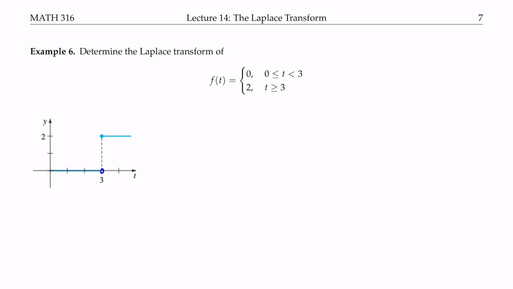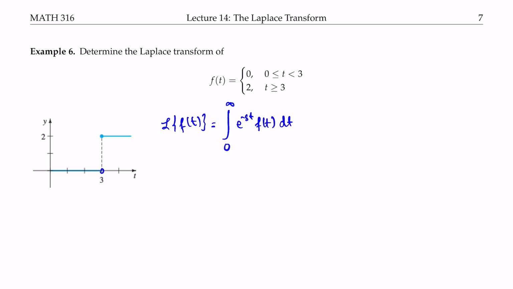Right. So again, we're going to use the definition of the Laplace transform to find the Laplace transform of this piecewise defined function. So the Laplace transform of f of t is equal to the improper integral from 0 to infinity of e to the negative st times f of t dt.